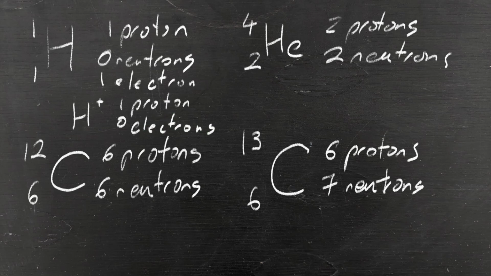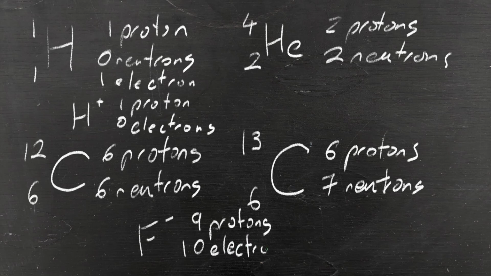If we were to have something like F-, so fluorine minus, all fluorine atoms have 9 protons. And because there is a negative charge, there must be 1 more electron than there are protons. So there would be 10 electrons. These charged atomic species are known as ions.